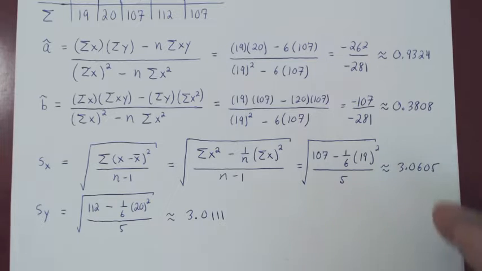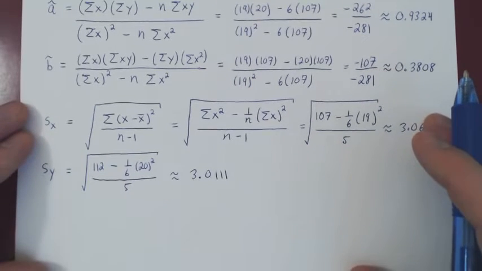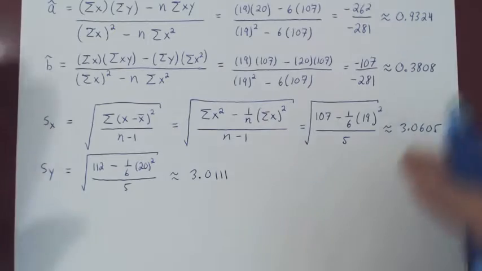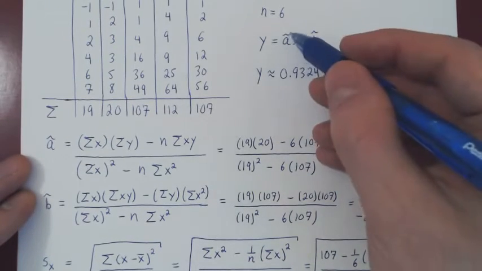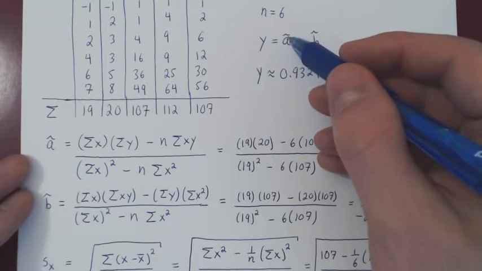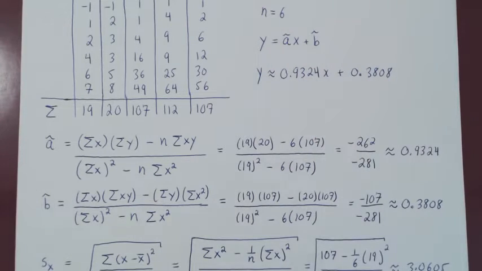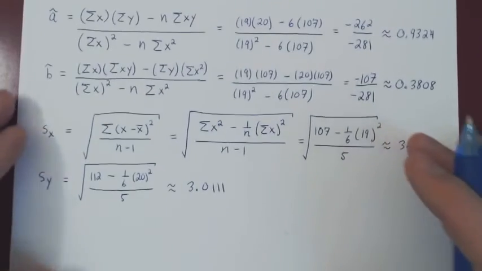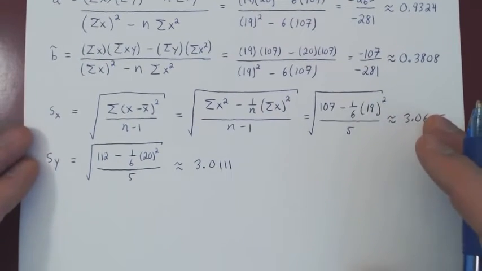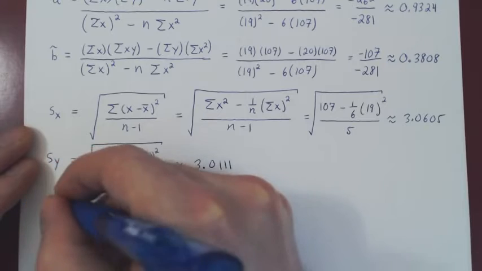And there are actually two ways of finding r. The first way, which is now going to be shorter, is if we have previously found the slope of our line of least squares. And then I'll show you a second method where we can find r independently of a hat. So here's the first method.